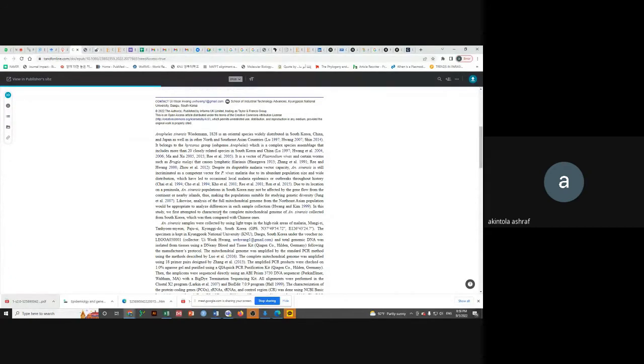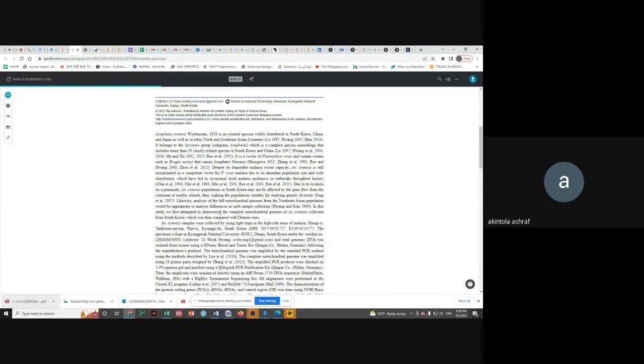Once we know that this particular region is conserved, anytime we see a difference in its sequence, we can easily differentiate between the samples, unlike other regions that are not conserved. So that is the reason why CO1 is used.